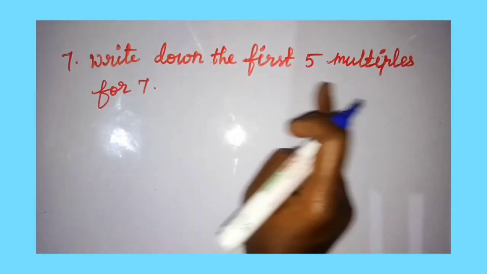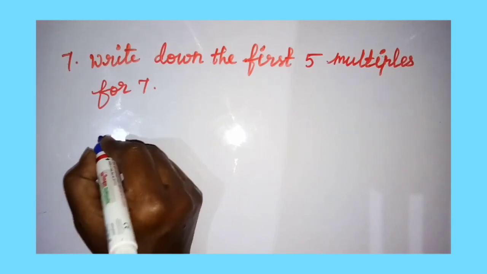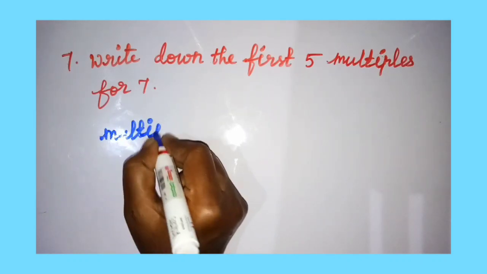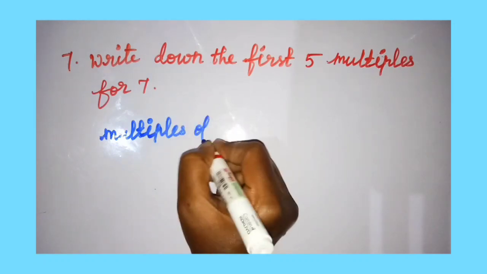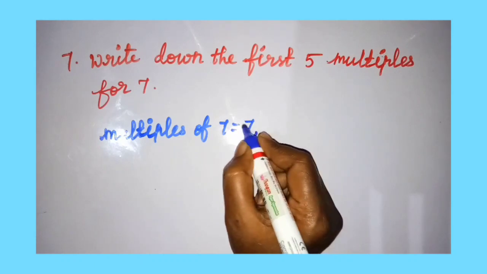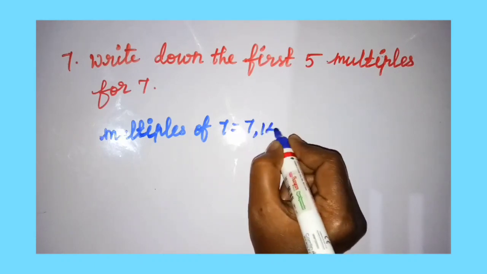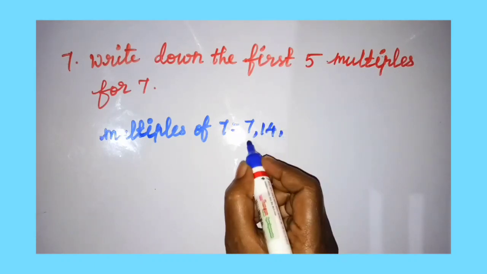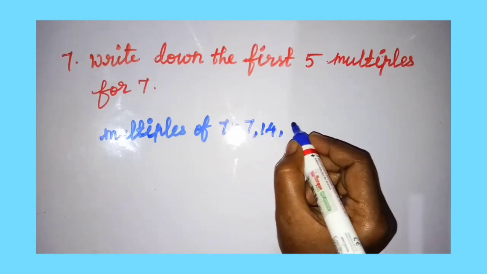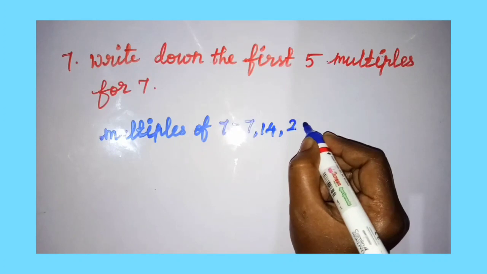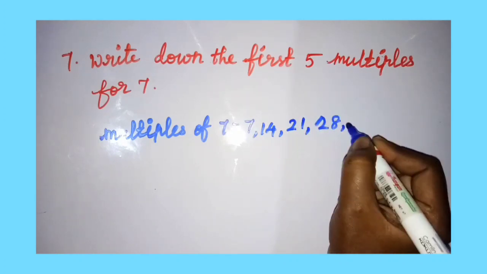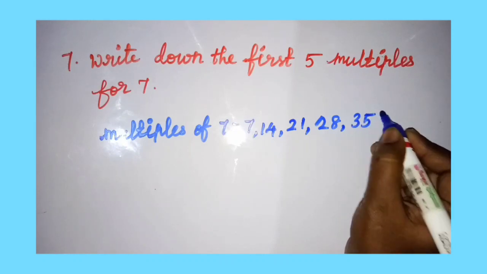So now we write the multiples. Multiples of 7 is equal to, first value is 7. 7 plus 7, 14. Or 1 seven is 7, 2 sevens are 14, 3 sevens are 21, 4 sevens are 28, 5 sevens are 35.